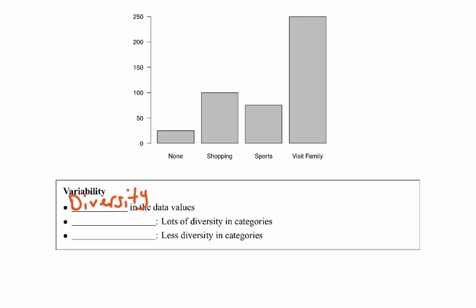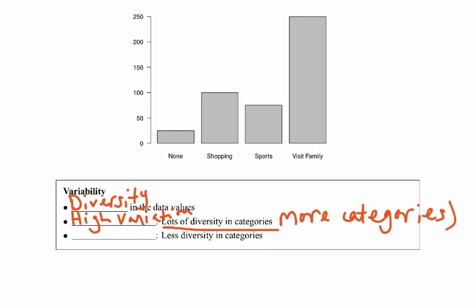So a graph with high variation means that you've got lots of diversity in categories. You can think of this as more categories. That means you've got data that's high variability. Less diversity in categories, so fewer categories, would mean you have low variation.